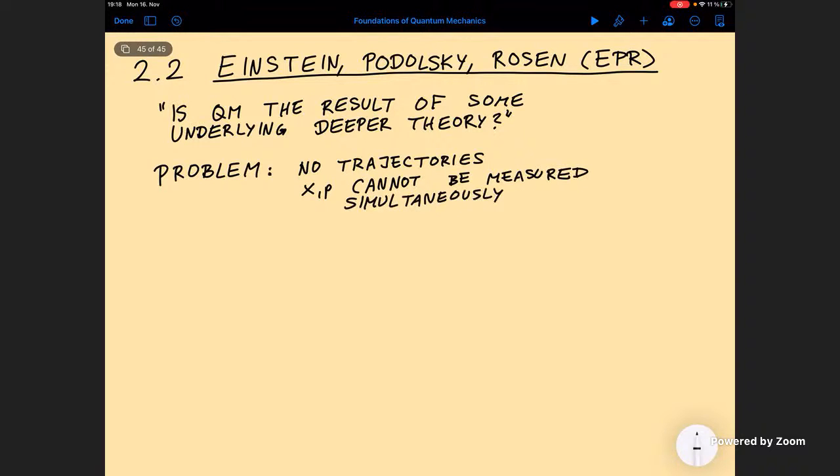Okay. So now, what was their trick? What was their new trick? They wanted to know both x and p. So they want to construct a situation where both x and p of a particle can be determined simultaneously and with certainty.